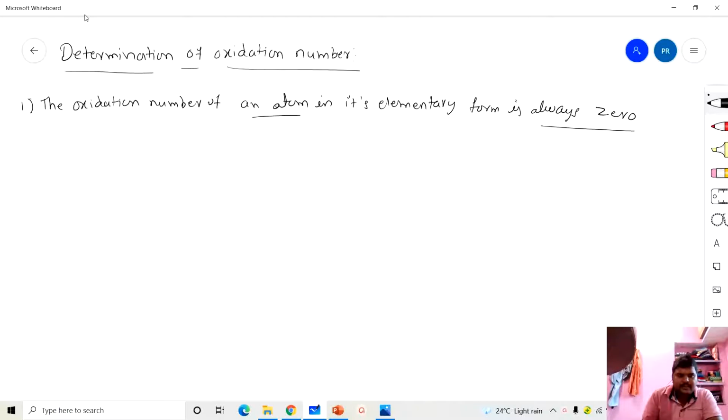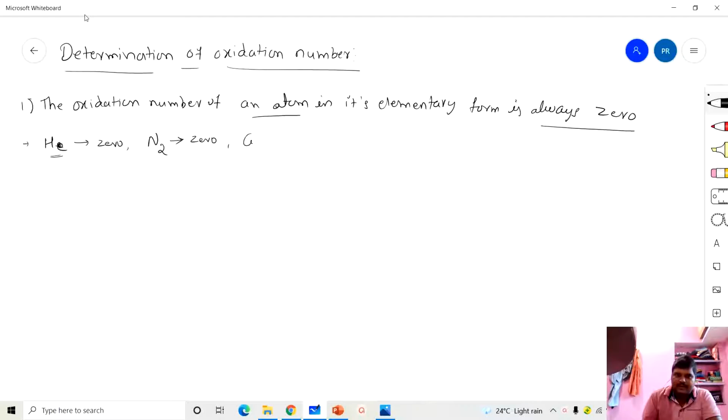For example, if you take helium, it exists as a monoatomic molecule, so its oxidation state in its elementary state is 0. For example, nitrogen exists as N2. Its oxidation number is always 0 in its elementary form.